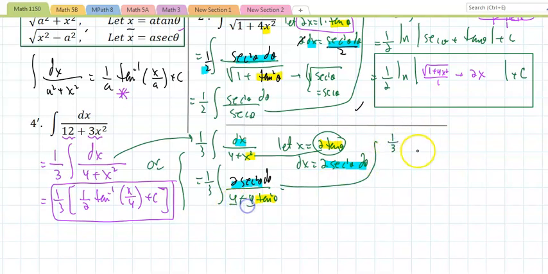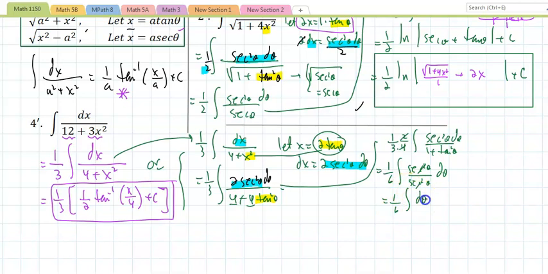I'm going to factor a 4 out of those and a 2 out of the top. I'm going to have secant squared of theta d theta over 1 plus tangent squared of theta. That is 1 over 6 times the integral of secant squared of theta over secant squared of theta d theta. Those cancel out. That's 1/6 the integral of d theta.